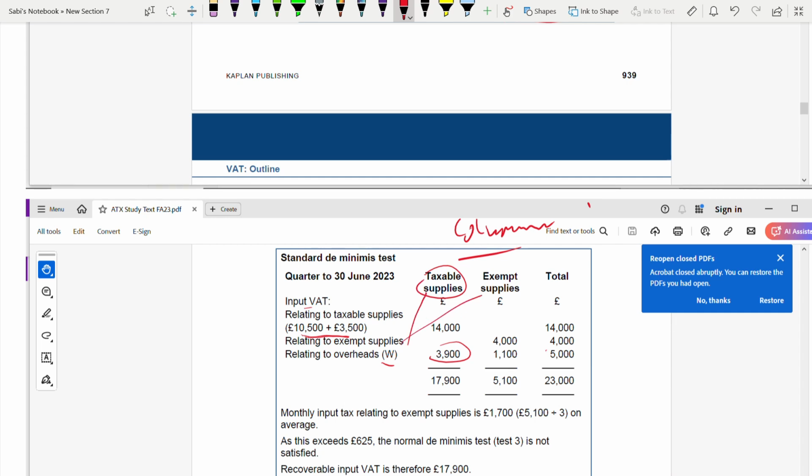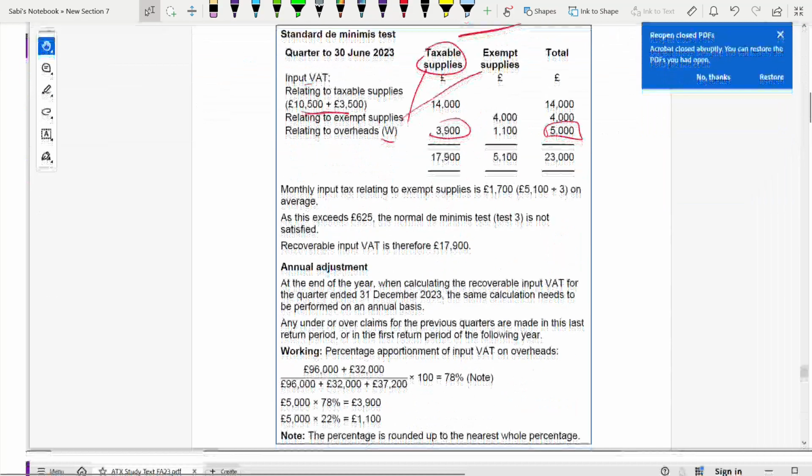We know the total is 5,000. But how much of the overhead input tax is for taxable and how much is for exempt, that we don't know. There is a working for it. So we'll go to the working. You need this percentage. Okay.